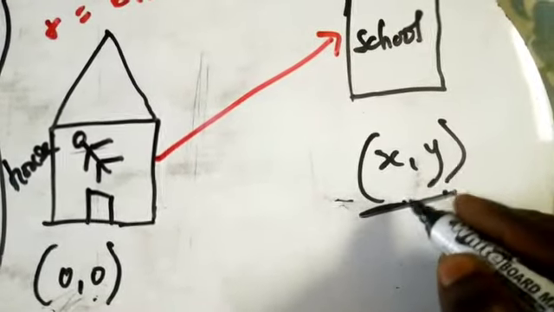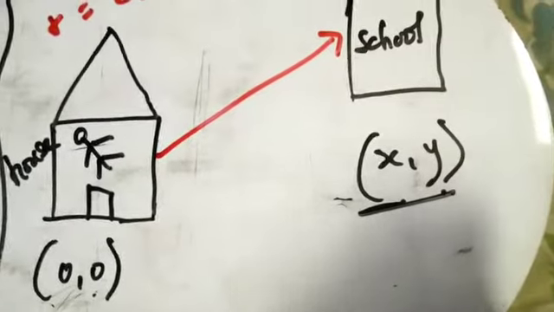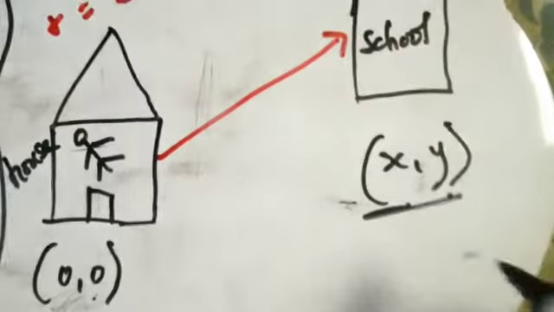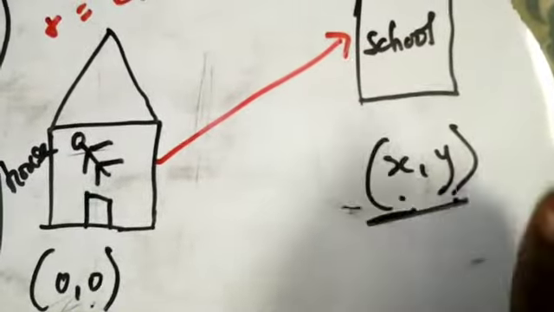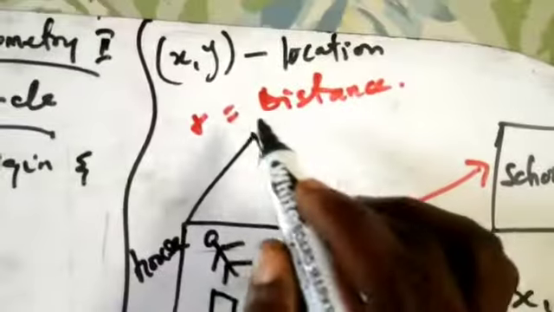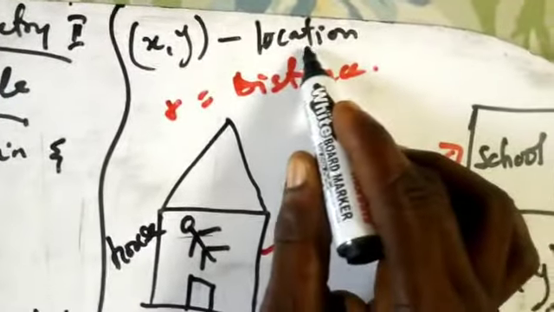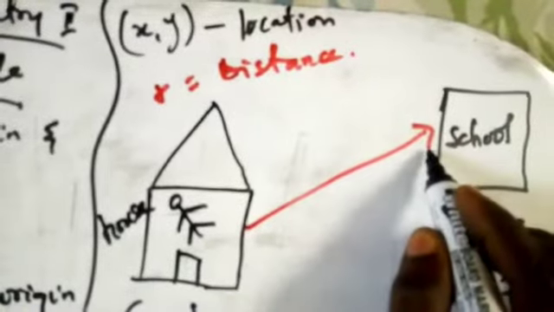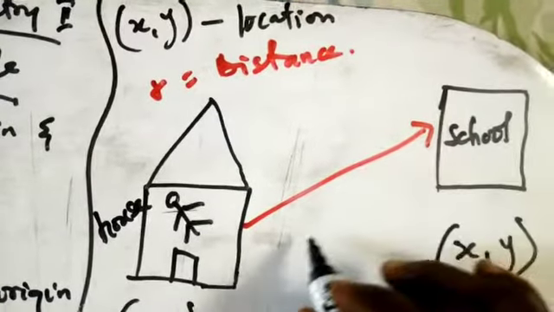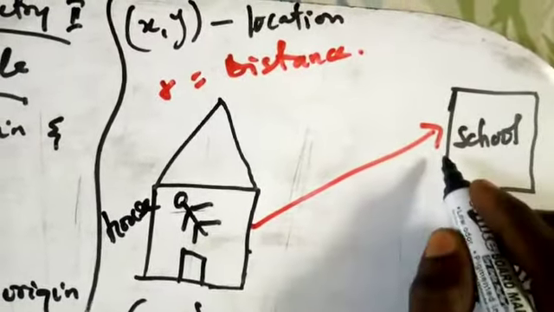Is that okay? Let's limit that for understanding purposes. So we need the x and y to determine your location. So x and y will give us your location. Is that okay? And then the red marker is what? Your distance. The distance from your house to your school is the r.